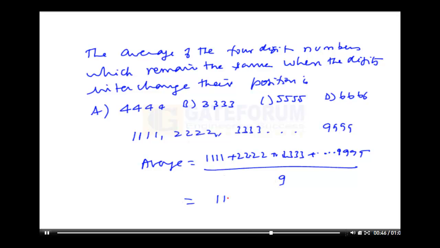Which will be first number plus last number by 2. So it gives you all 5. Option is C.